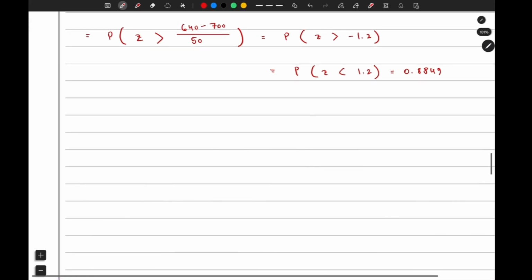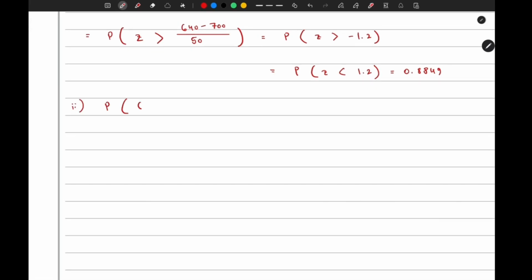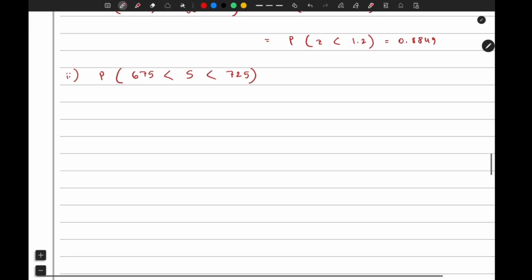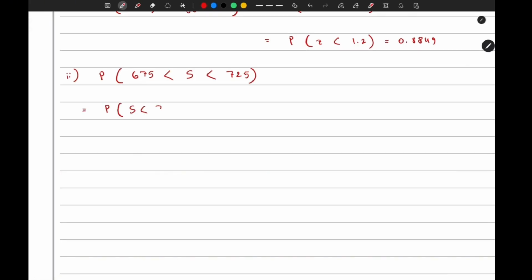So basically we need to find the probability of S between 675 and 725. Now we can write this probability as probability of S is less than 725 minus probability of S is less than 675.